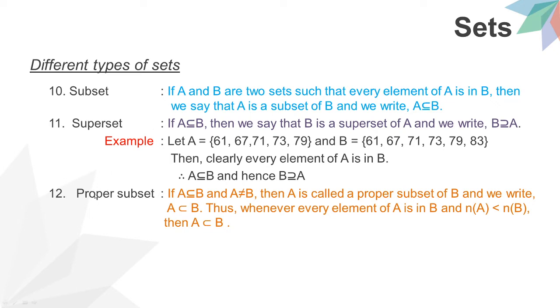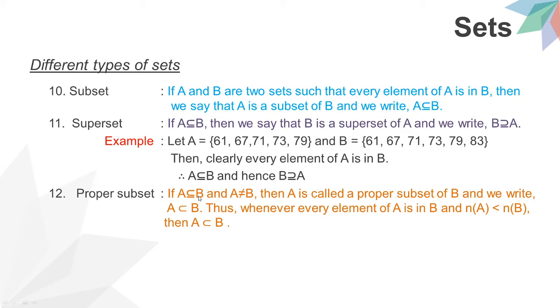Next, proper subset. What is a proper subset? If A is a subset of B and A is not equal to B. Now be careful. Shall we take this example only? A values are there and B values are there.